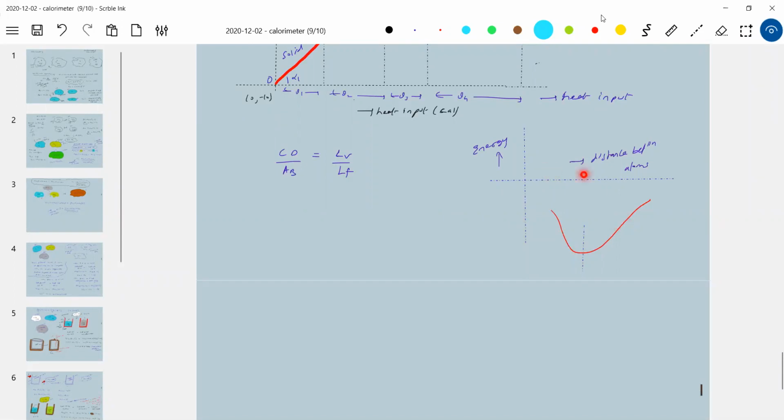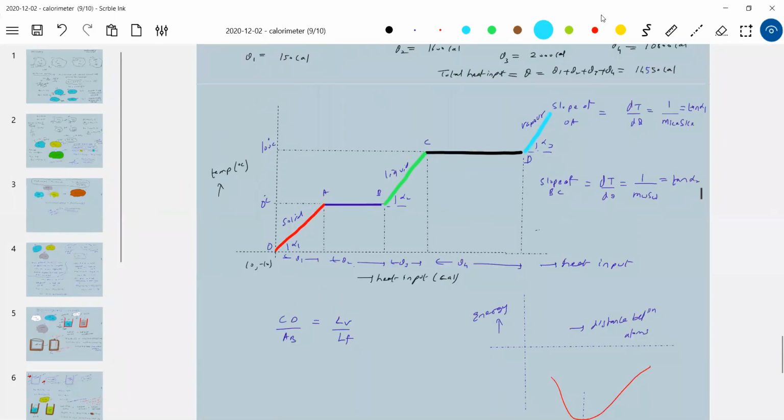So what happens? The distance between atoms will increase, no? This is what happens. Compared to solid, the distance between atoms in liquid will be more. Compared to liquid, the distance between atoms will be more in the vapor, in the gaseous state. So when we supply heat, the solid will increase the distance between atoms, and then from solid it will become liquid.